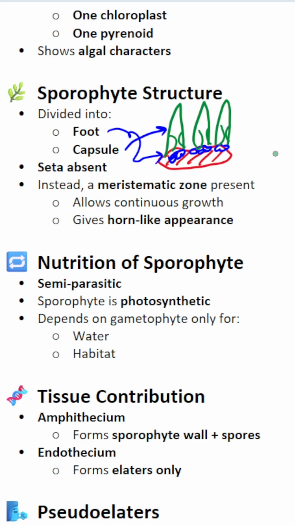They are semi-parasites, not totally parasitic. In liverworts the sporophyte depends 100% on the gametophyte, but here that is not the case. Seta is absent; only foot and capsule are present, and the capsule is the horn-like structure for which they are called hornworts. They have a meristematic zone that helps in continuous development, so the capsule grows very fast like a horn.